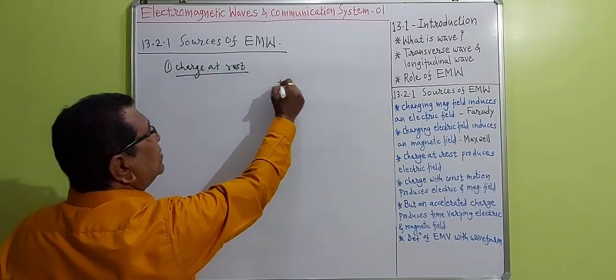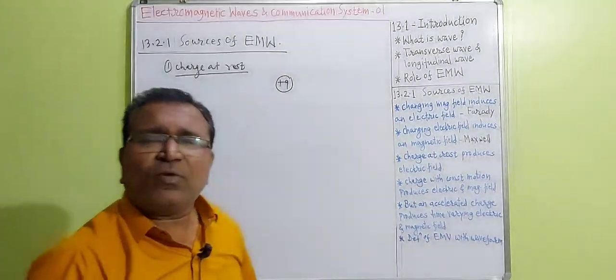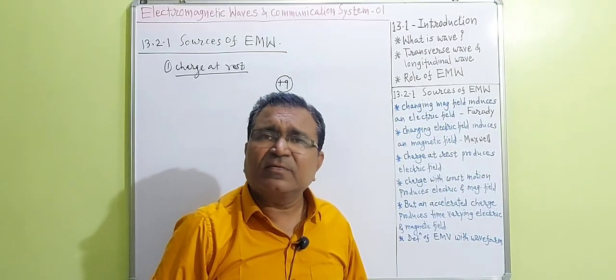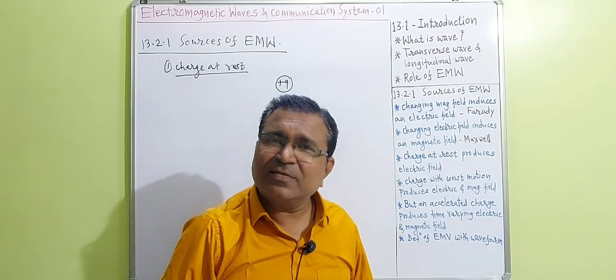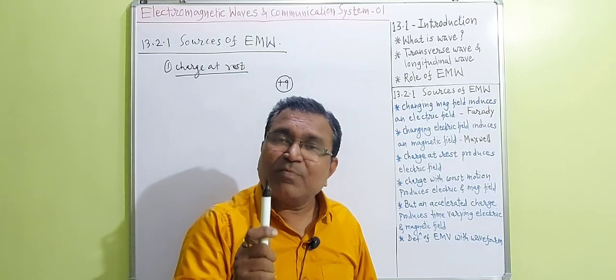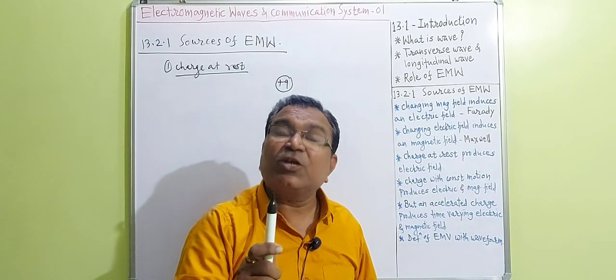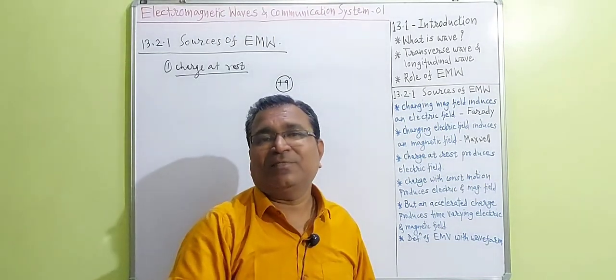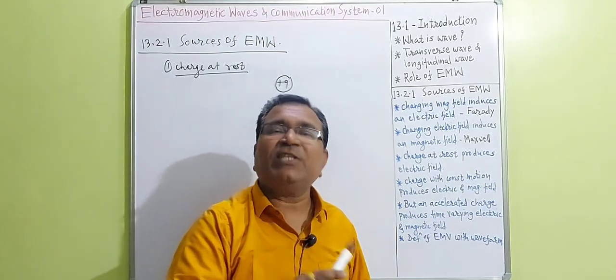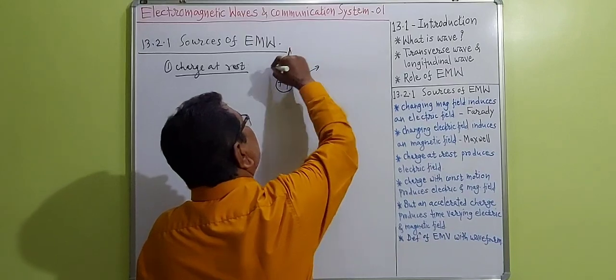Suppose this is a plus Q charge which is at rest. What happens? Does this charge produce electric field as well as magnetic field? No. Magnetic field is produced if and only if charge is moving, current is produced. So this is a steady charge which produces only electric field like this.